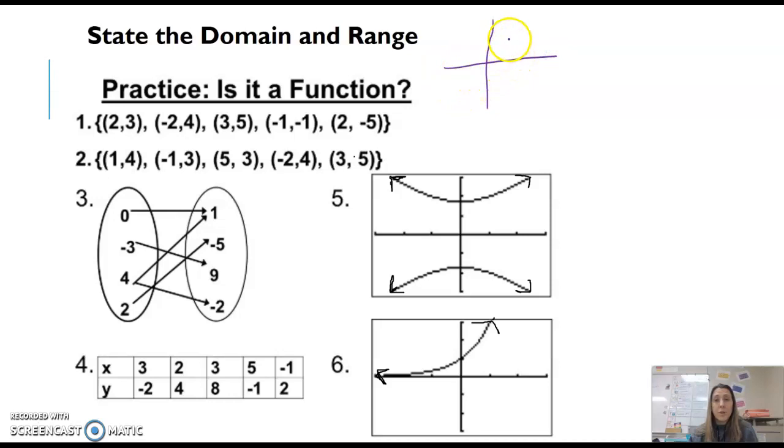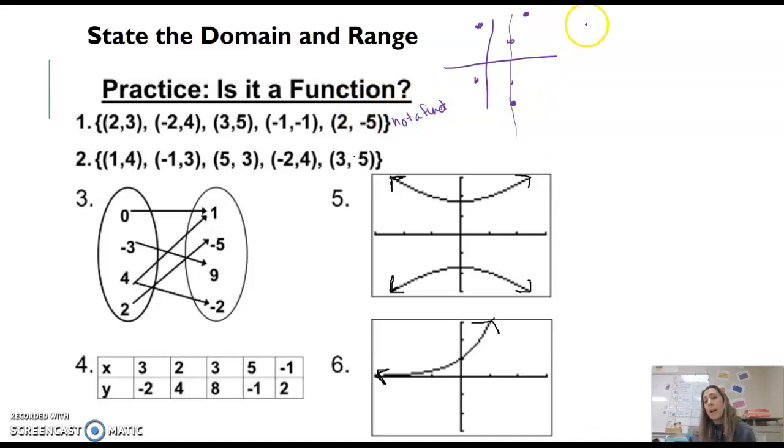So (2, 3) would be somewhere around there. (-2, 4) would be up here. (3, 5), (-1, -1), and then we've got (2, -5). We'll do -5 down here. So if I were to draw a line right here, it would not pass the vertical line test. So this is not a function.